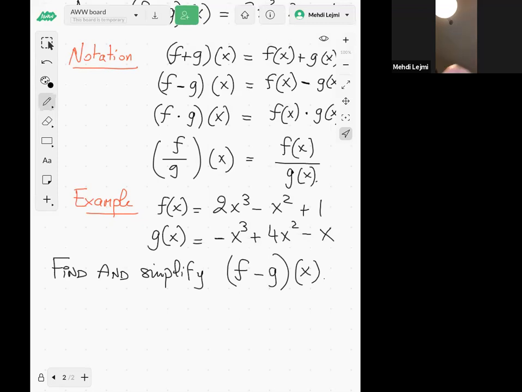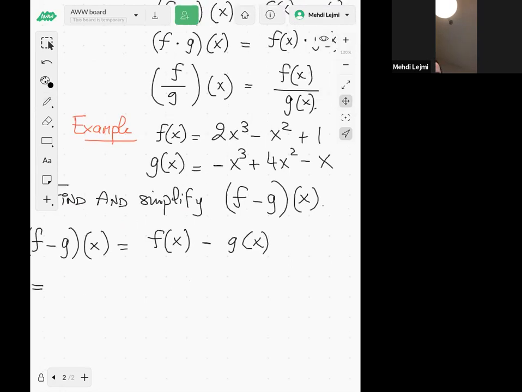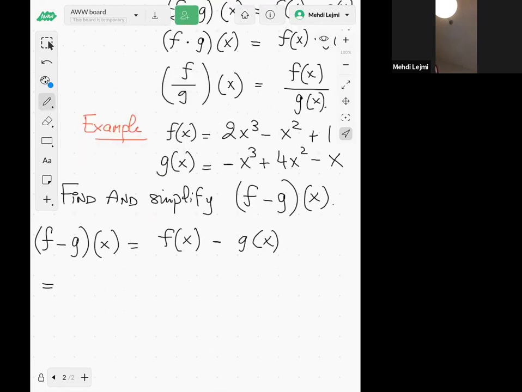So f minus g is just a natural thing to do, subtraction. So it's like f of x minus g of x. So what's f of x? Well, here's my f. That's the 2x cubed minus x squared plus 1.